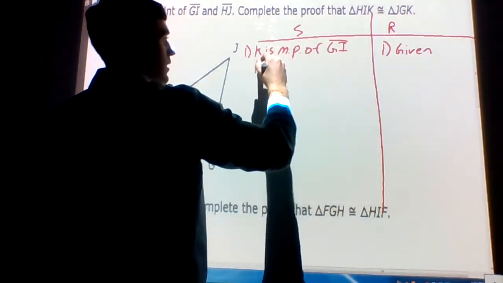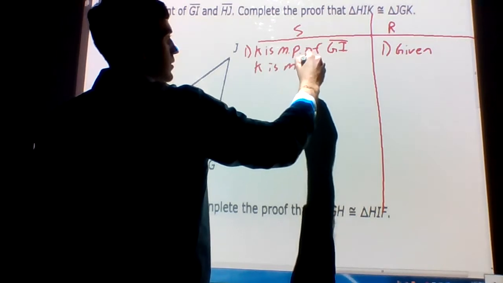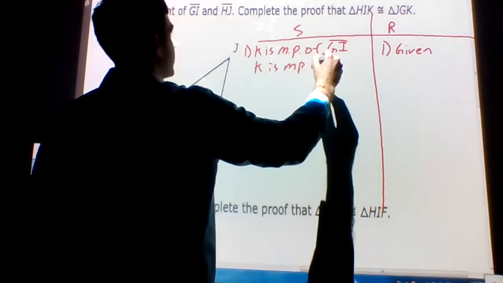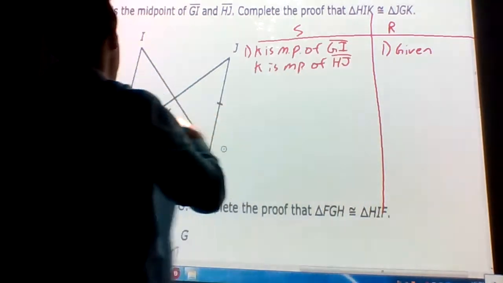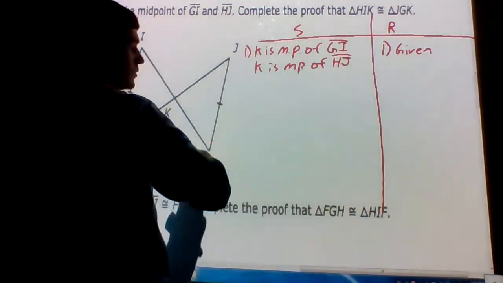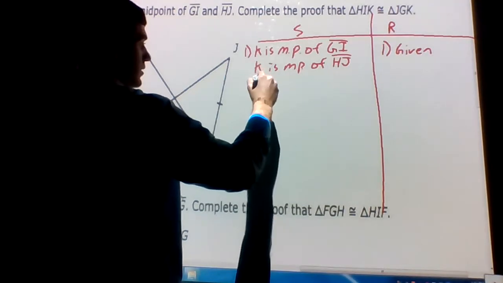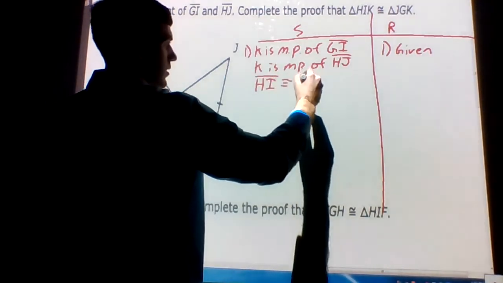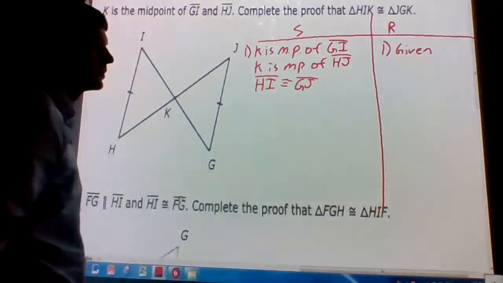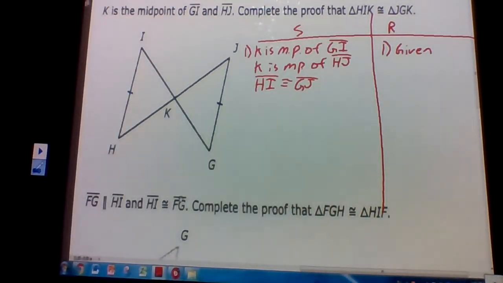We also know that K is the midpoint of HJ. Okay, and it's given to us that HI is congruent to GJ. And 3 givens there.